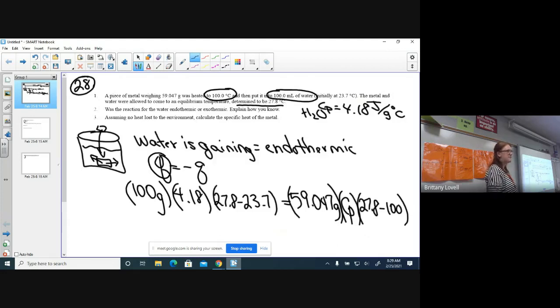How are we going to fix that, though? Do you remember this right here? I was talking about that. You represent that heat is lost by just assigning that a negative value. So virtually all it's going to do is cancel out that negative sign, right? You're going to end up with a positive number in the end.